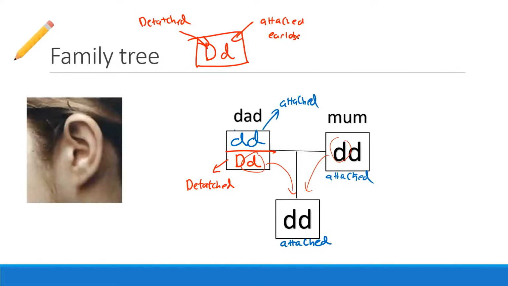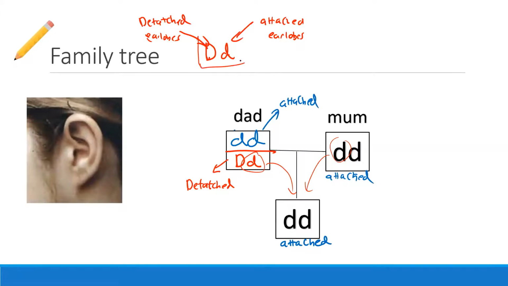And the question becomes, well, which one wins? The one that wins is the dominant gene. The dominant gene dominates. It always wins. So because I've got a dominant gene and a recessive gene, the recessive gene loses. Therefore, the dominant gene is the one that gets expressed.